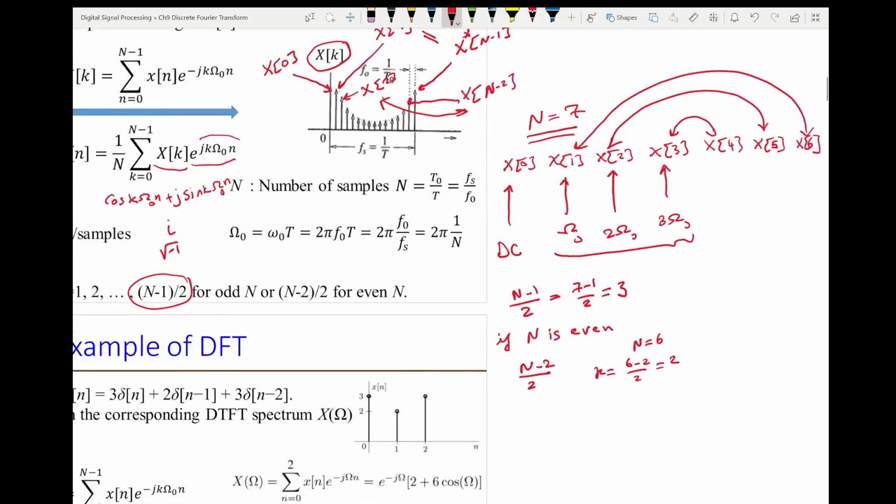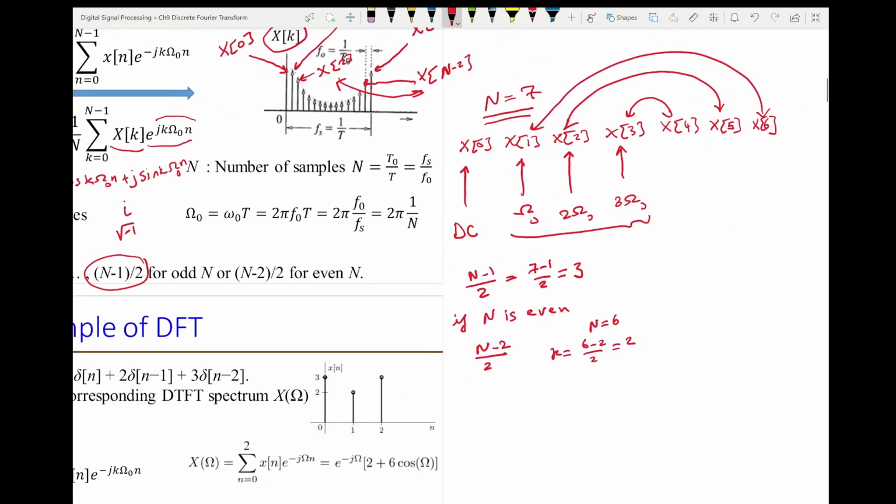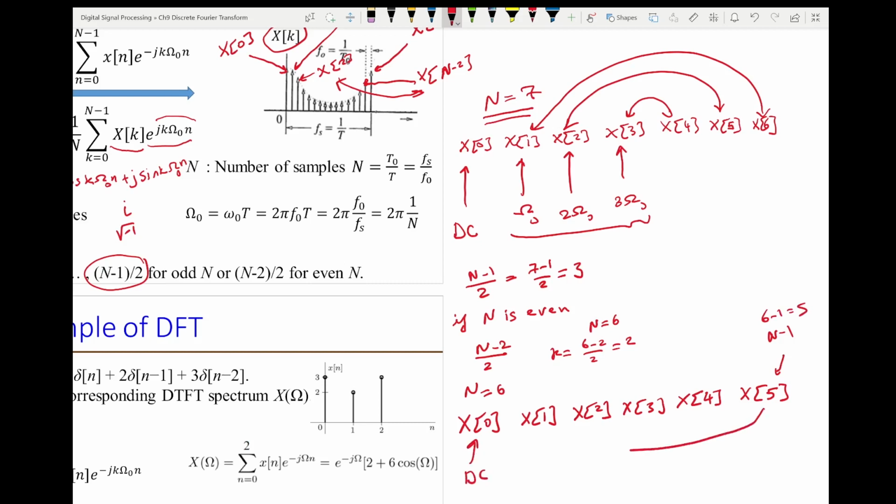So let me just show you here. For n equals 6, I will have the DC and all these components. So that's always n minus 1. This will be the DC. These two will be conjugates of each other. These two will be conjugates of each other. And that will be just a real number.